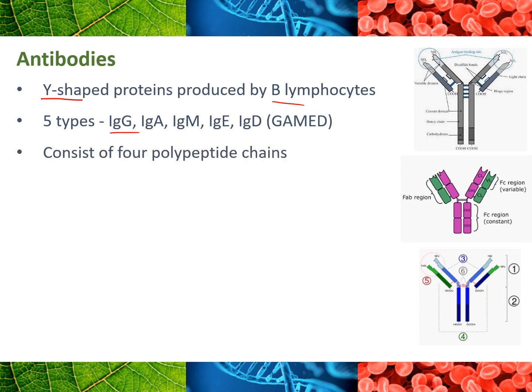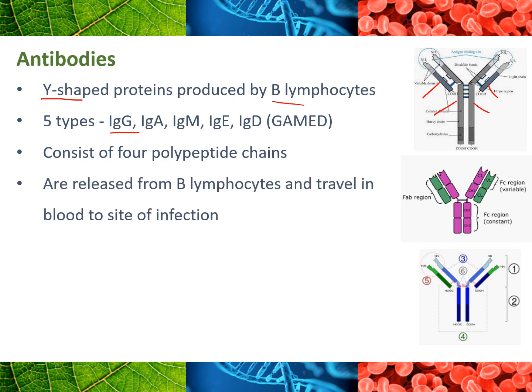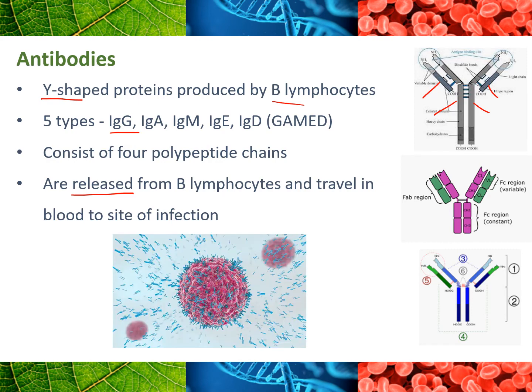If you look at these, and we're going to go through the structure a little bit in a second, each antibody actually consists of 4 different polypeptide chains. So they are a really good example of a quaternary protein structure. And like we said before, the antibodies get released from B lymphocytes and then travel in the blood to the site of infection.